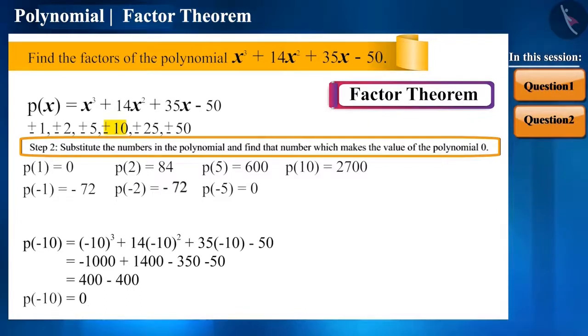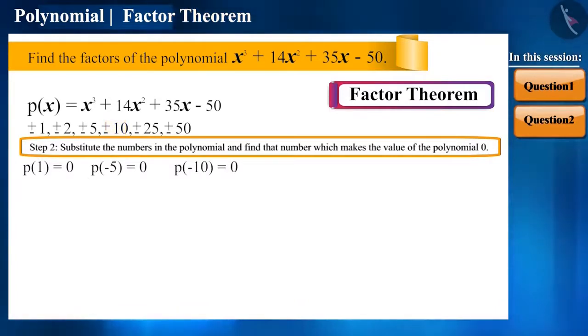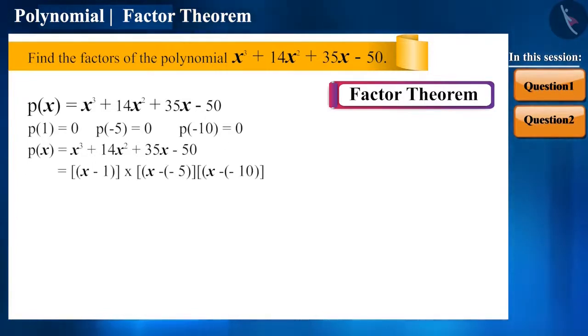And P of minus 10 is equal to 0. Here, for the cubic power of x, we get 3 zeros. And since this is a cubic polynomial, there will not be any more zeros. And now, we can represent this polynomial in terms of its factors. P of x is equal to x minus 1, x plus 5, x plus 10.